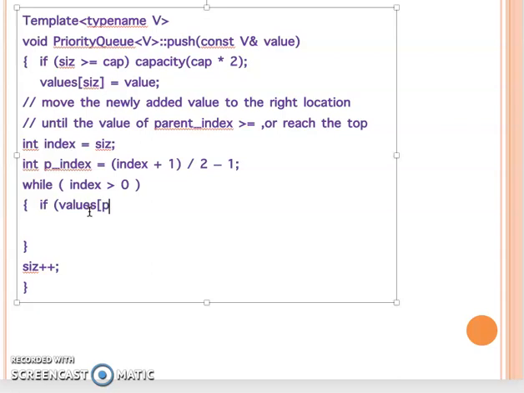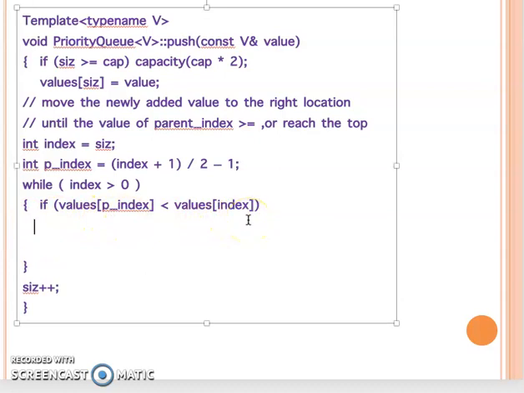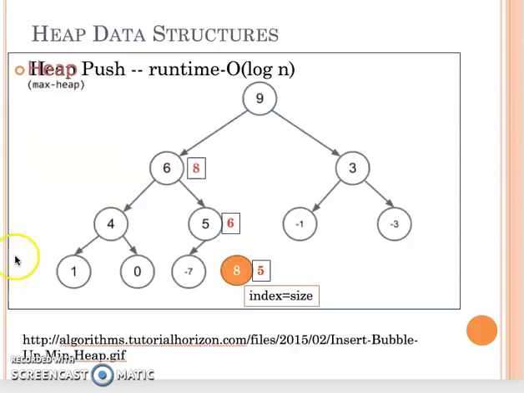We check the value in the parent index. If the value in the parent index is less than the child index, remember the child index, we're using the index. So if the parent's value is less than the child's value, we do what? Do you remember here? We swap them.